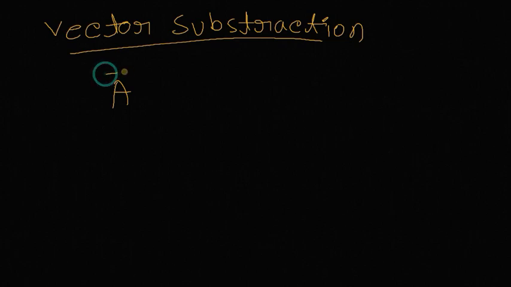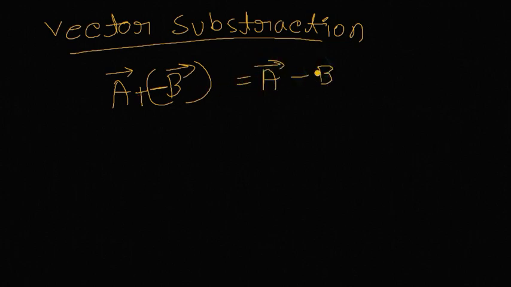So if we have A vector and B vector, to do a subtraction we will take the opposite of B vector and then add both of them to get the subtracted value.